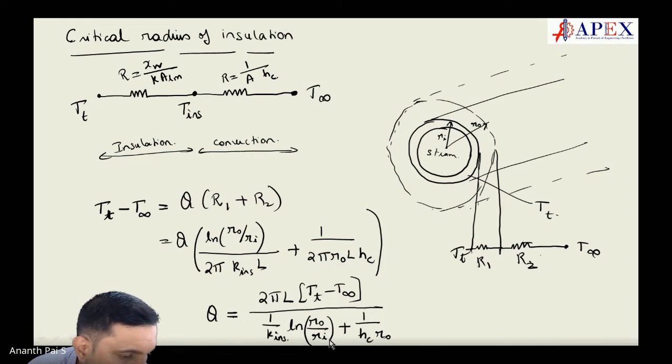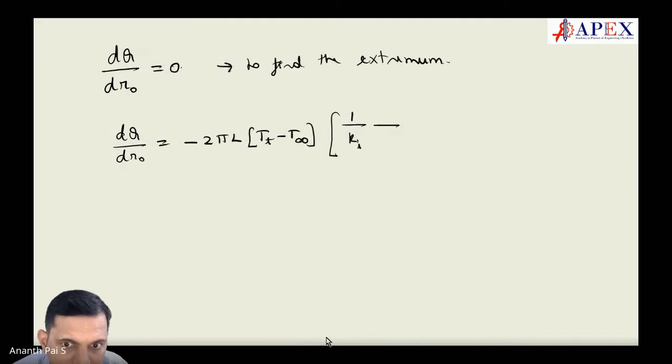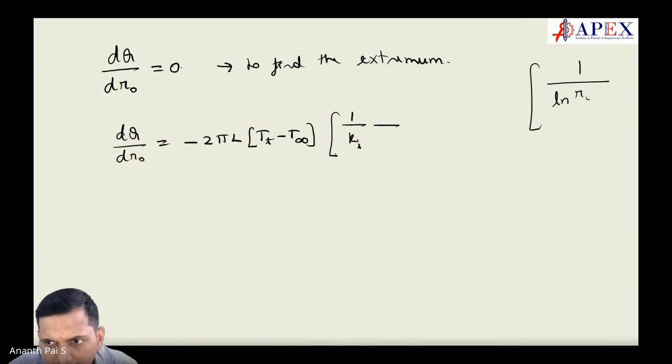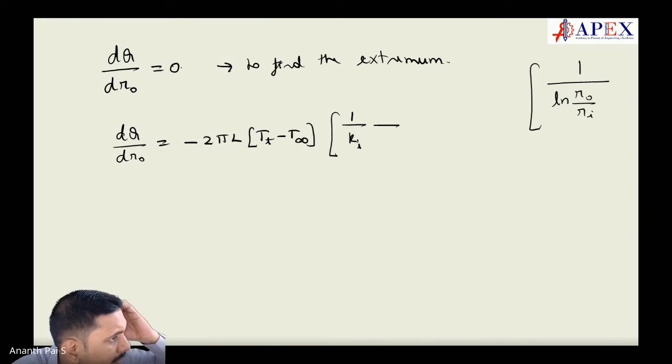So what you will get here is, see, 1 by log is there, is it not? This is related to r. So what will happen when you differentiate? How do you differentiate this? Log of, see here, we have 1 by log of r naught by ri. How will you differentiate 1 by log of r naught minus ri?